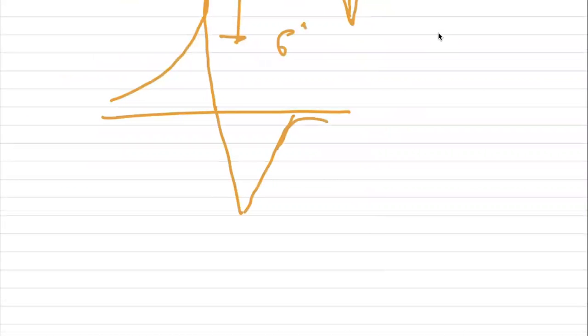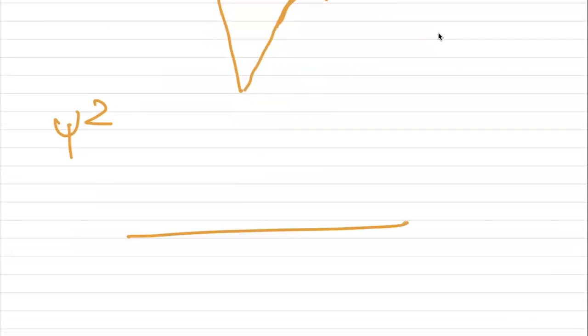So this is actually psi star and negative. And if we draw a psi square, it is never negative. So when we draw a psi square, the graph will be like this.